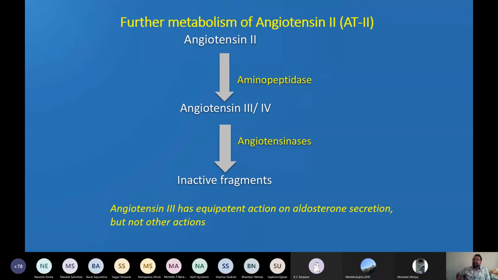And aldosterone is a mineralocorticoid. Hey guys, I'll tell you about this in the coming slides. But angiotensin 3 will not have any potent vasoconstrictive action, it will just act on aldosterone secretion only. Okay, and then it will further divide into inactive fragments, which will be filtered out. Okay, this is the whole cycle of this angiotensin system.